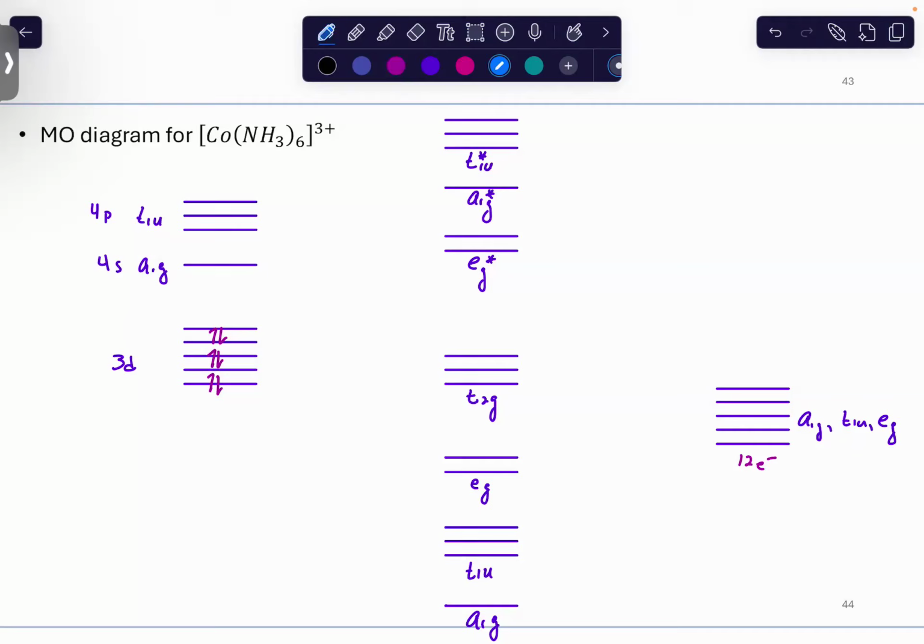So we're just going to get straight across. That's our non-bonding. Okay, now I will also tell you that this split here between your T2G, which for an octahedral field makes sense, your T2G and your EG, that's your delta O there, the T2G to the EG star.